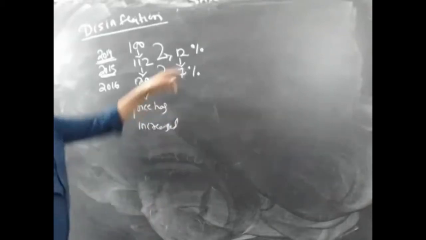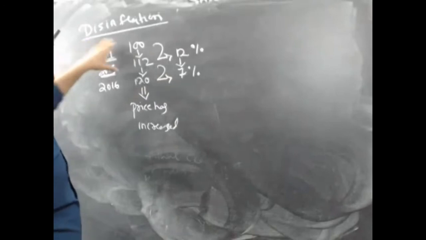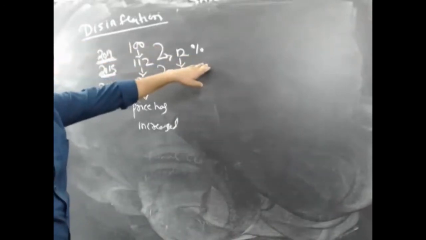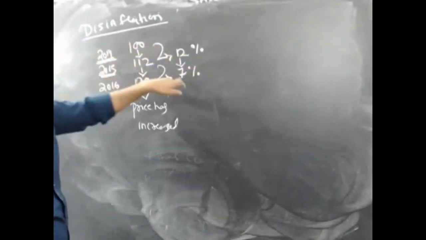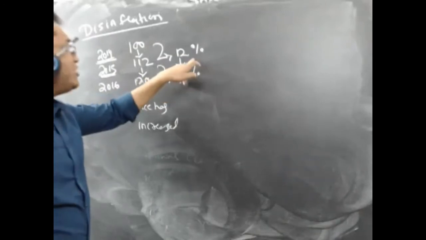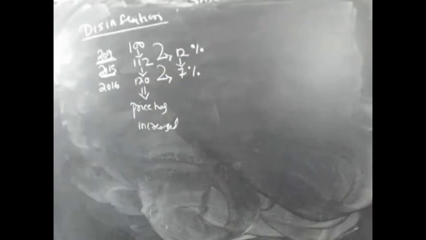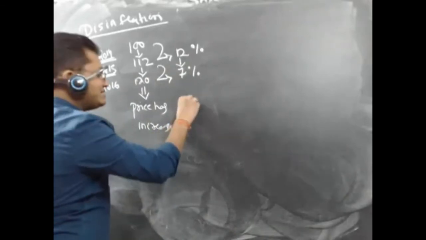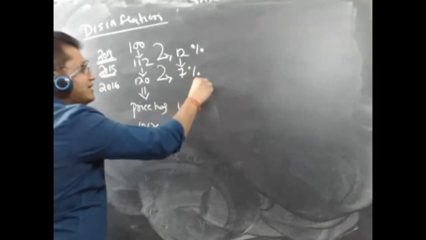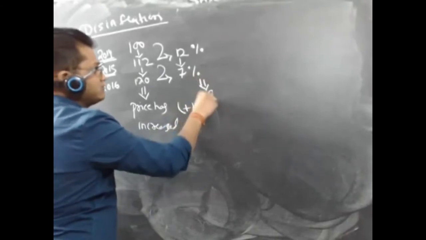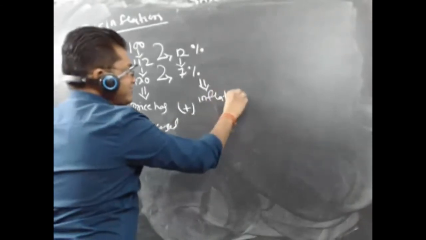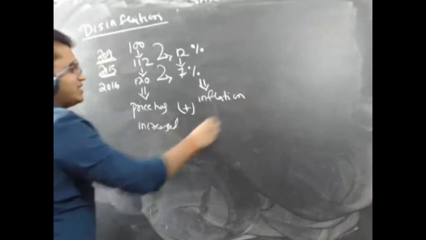No. Earlier in year 2014 to 15 inflation was 12%. 15 to 16 inflation is 7%. So rate of inflation has increased or decreased? Decreased. So price has increased but inflation has decreased. See, there is difference between price and inflation.